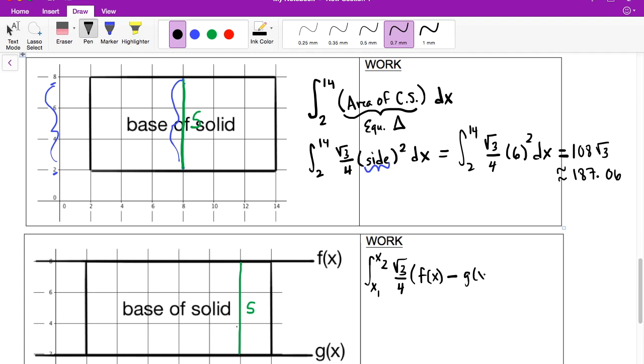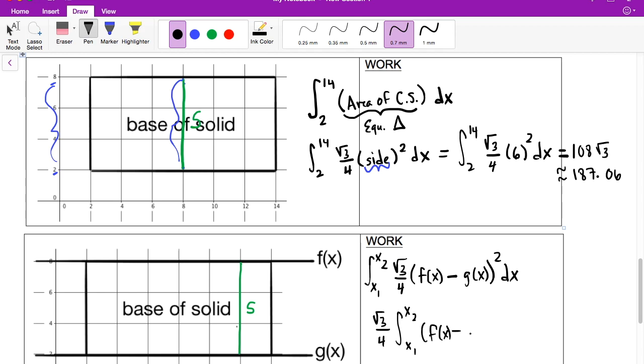So I'm going to fill that in. So the side length is going to be f of x minus g of x, squared, dx. And I'm going to just take out the constant, because if there were actual functions to work with, it'd be easier to have the constant in the front.